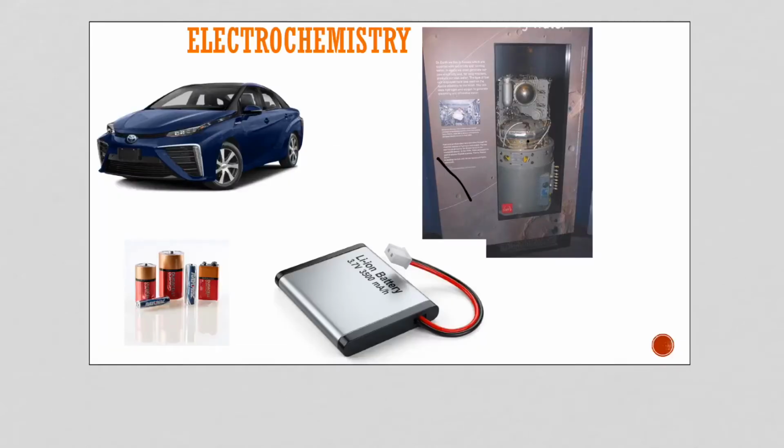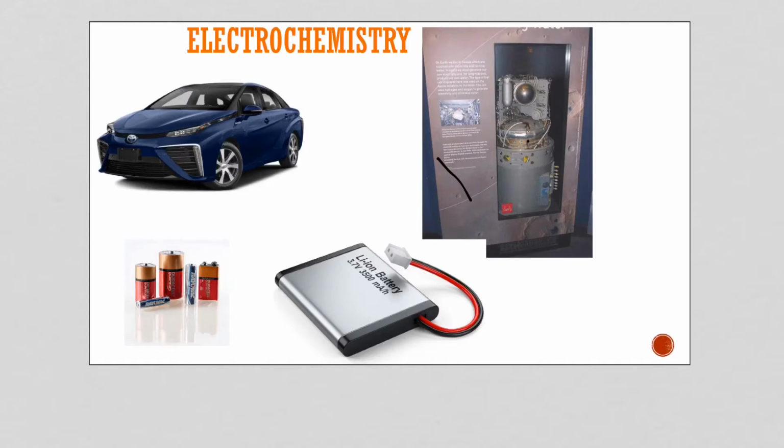Now, we use electrochemistry in a lot of applications. Probably the most well-known are things like batteries, which may be contained in things like electric cars, or your classic C, D, AA, AAA batteries, or newer lithium-ion batteries that you may have in your computer or your cell phone, along with things like fuel cells.